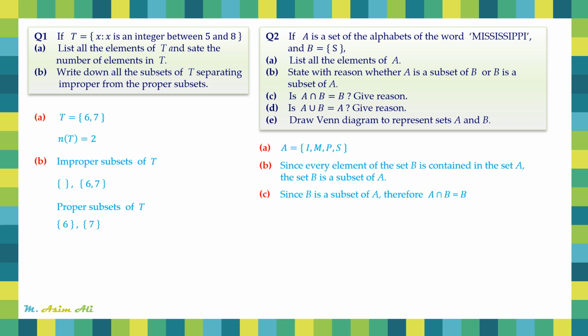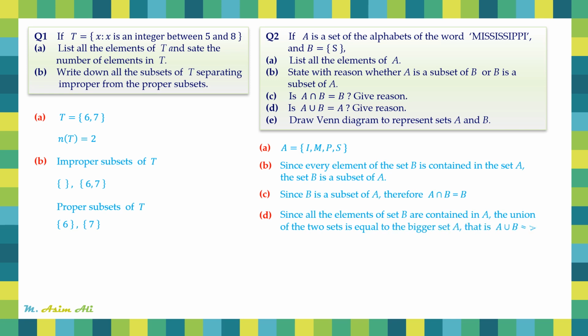In part D, is A union B equal to A? Since A is the bigger set and B the smaller set is contained in A, if we combine all the elements of A and B, we still get all the elements of A, nothing more, nothing less. So A union B is equal to the bigger set A. And in part E, we have to draw a Venn diagram for the two sets A and B. First, we will draw the biggest set A containing the letters I, M, P, and S. Let us draw it.